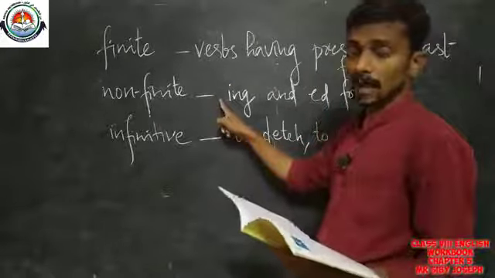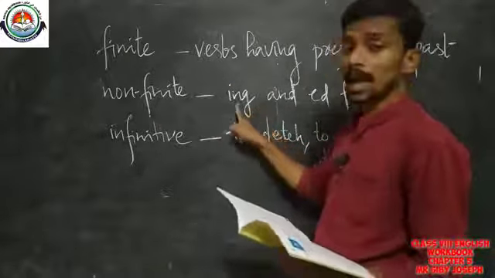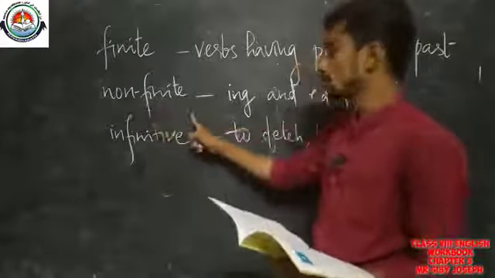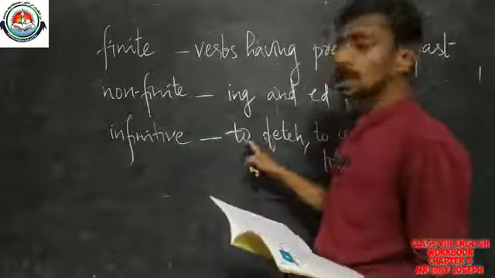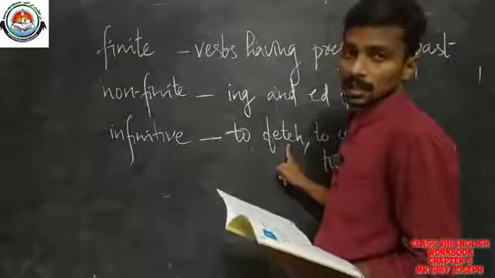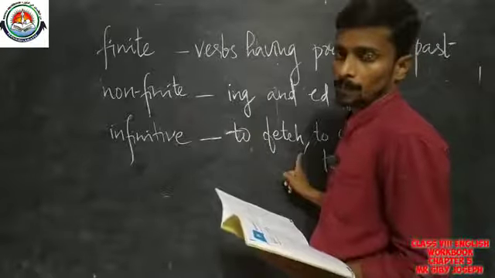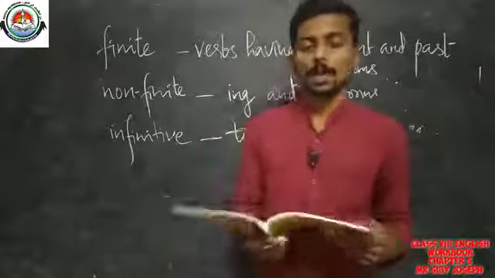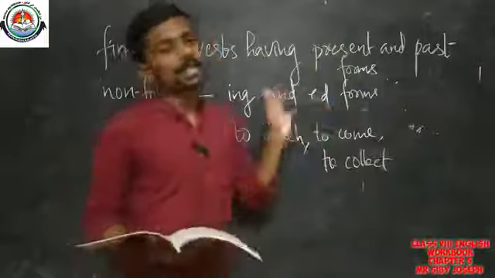In other words, words in ing or ed forms are examples of non-finite verbs. The infinitive forms, that means to plus base form of the verb, are examples of infinitive verbs.